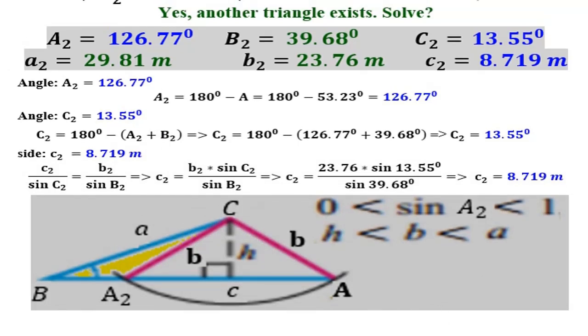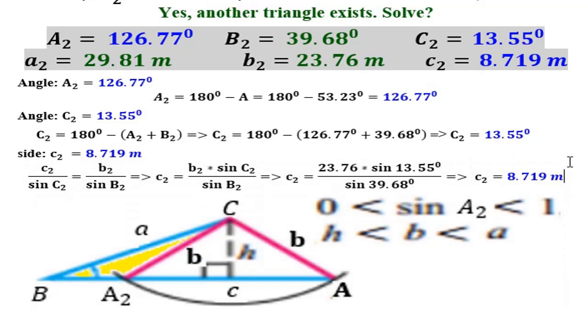And here it is. So triangle number 2 is this yellow triangle. The small angle that we found, C2, is this small angle, and we found a small side. This is C2, this small side. Then A2 was given to us, that is A2, it does not change.